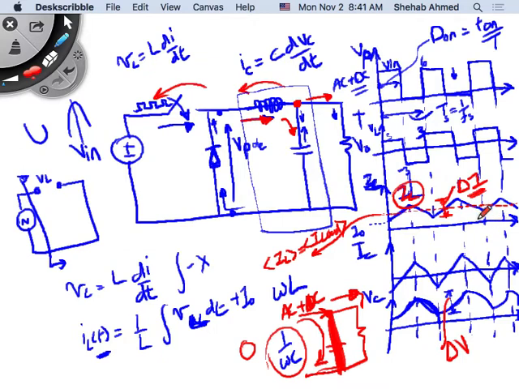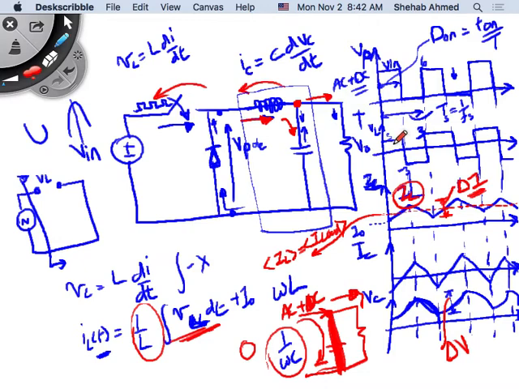So if I increase inductance, what's going to happen to this waveform? Remember, inductor current is equal to 1 over inductance multiplied by the integral of the voltage. The voltage was a square wave, a flat value, 3 for example.